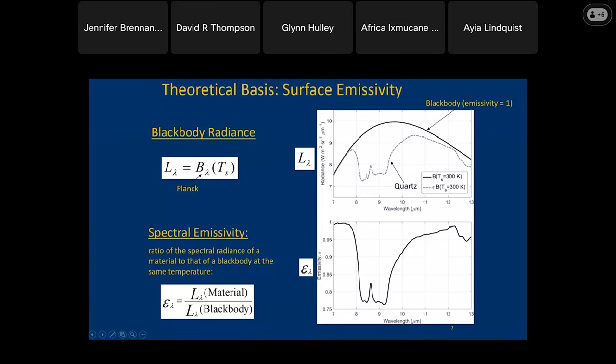And so the emissivity of this quartz material is simply derived by taking the fraction of the radiance of the material to that which would occur from a black body at the same temperature. So that's what you see at the bottom right here, the extraction of the emissivity from that radiance spectrum.